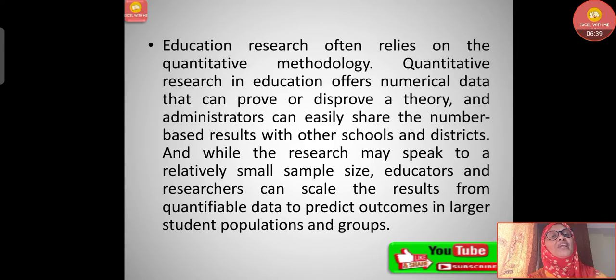And while the research may speak to a relatively small sample size, educators and researchers can scale the results from quantifiable data to predict outcomes in larger student populations and groups. So whatever the research is done, maybe on a small sample size, educators or researchers can also use scales to measure the data they want to collect, maybe quantifiable data or predicting the outcomes, what could be the result of this, what could be the solution of this problem, maybe taken on a larger population or some groups also, they will understand thoroughly.